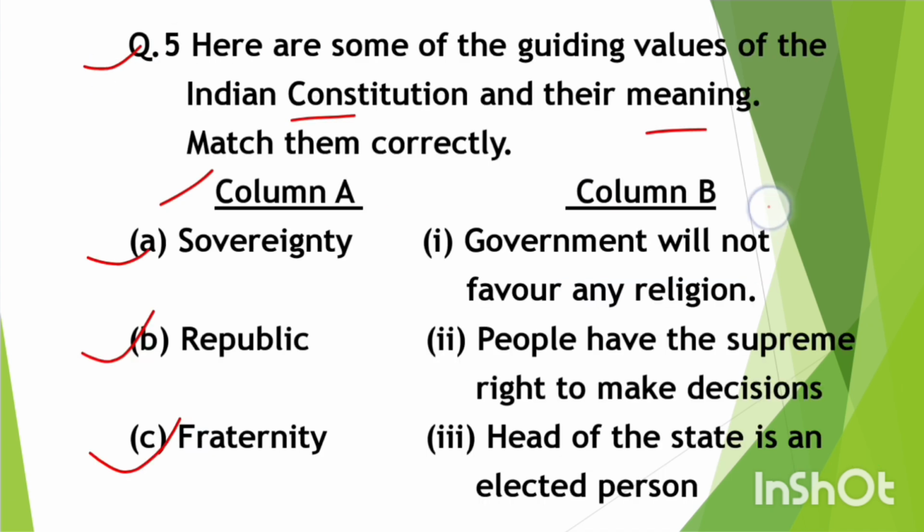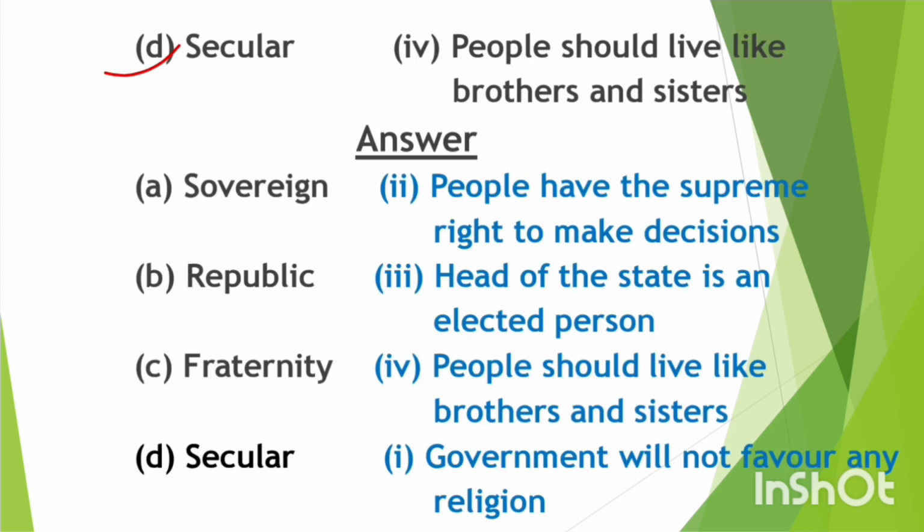In column B: first, government will not favor any religion; second, people have the supreme right to make decisions; third, head of the state is an elected person; and fourth, people should live like brothers and sisters. So the answer: sovereignty matches with people have the supreme right to make decisions, and republic matches with head of the state is an elected person.